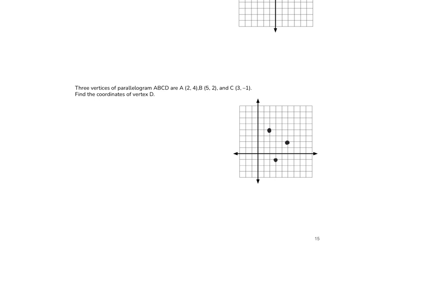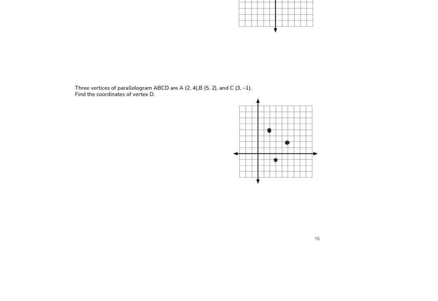For instance, on this one here, we talked about going down 3 and left 2. So from here, I could go down 3 and left 2. And I think when we did this one on our notes, we said 0, 1 was the point, right? And that would be a point that would work. I could connect all these together, and it would make a parallelogram. Okay? But there's other options as well.